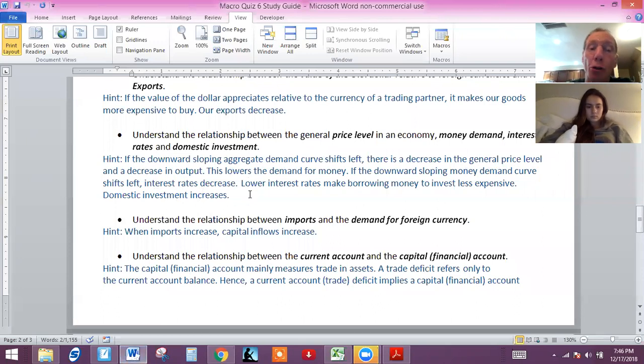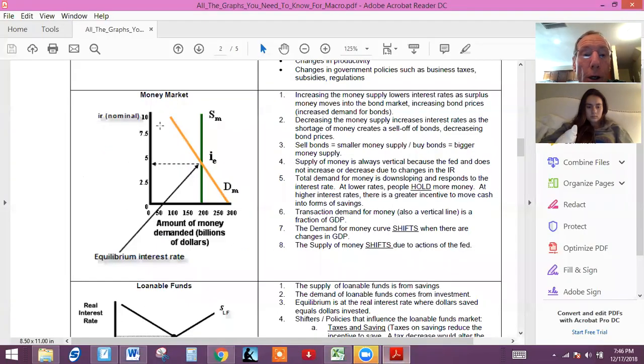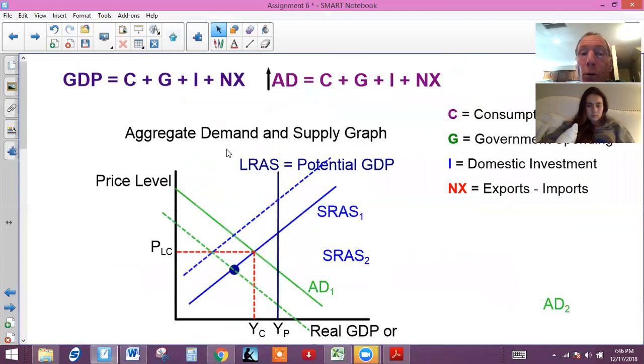Now, a tricky thing here is if the nominal interest rates go down, it makes domestic investment cheaper, because remember, domestic investment, which is the investment in this expression here and here, is going to go up if the cost of money goes down, because typically firms will borrow the money to invest.